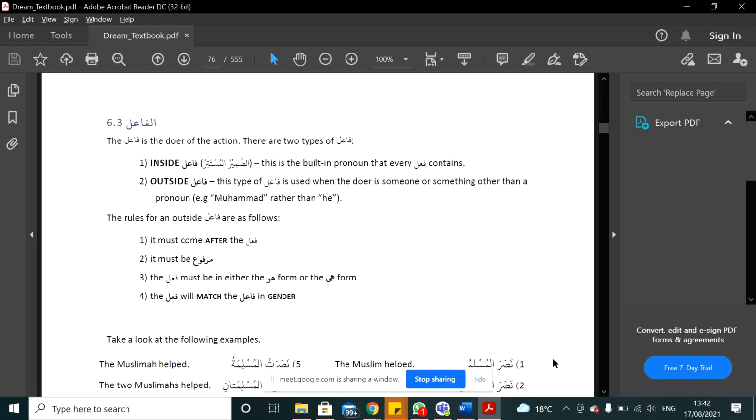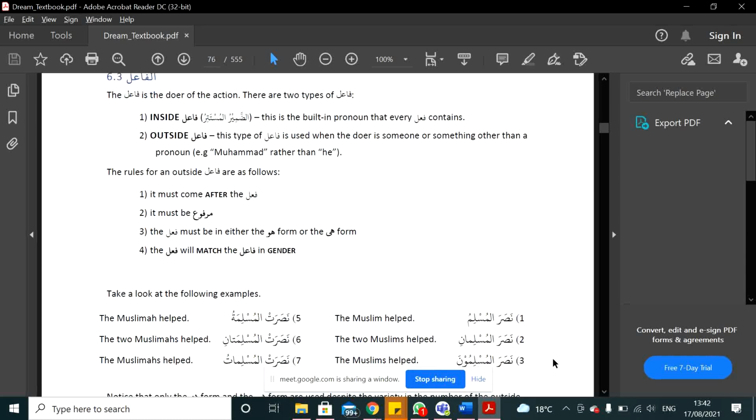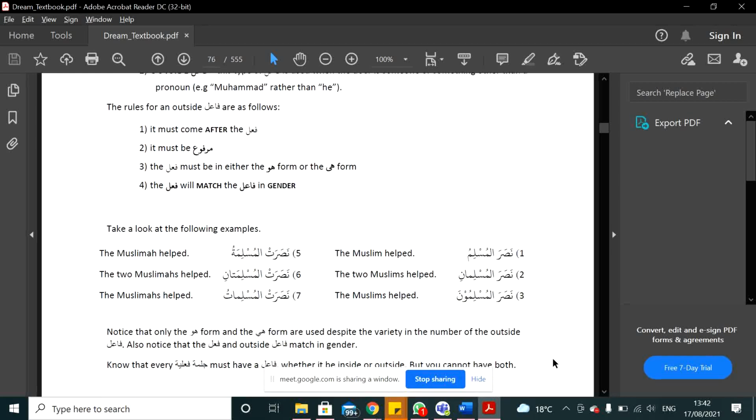The verb must match the fa'il in gender. So if we are using an outside fa'il, whether it is singular, masculine or feminine, then the verb has to match it accordingly. So have a look at the example. If I say Nasara al-Muslimu, it means the Muslim helped.